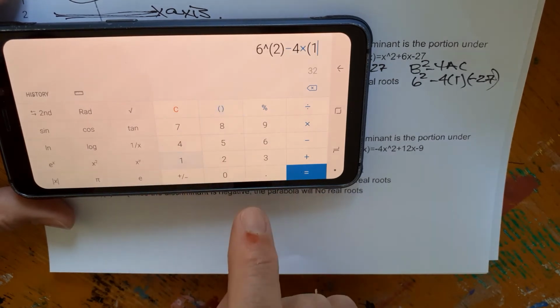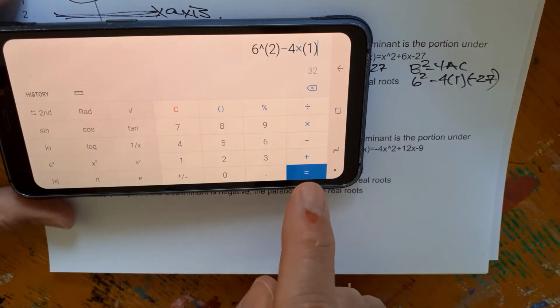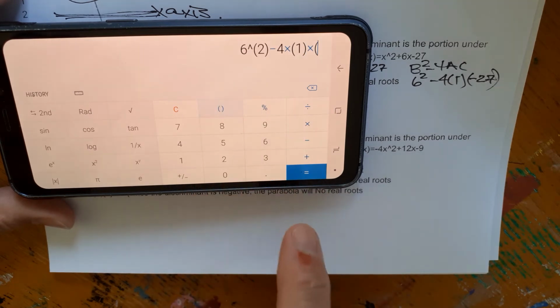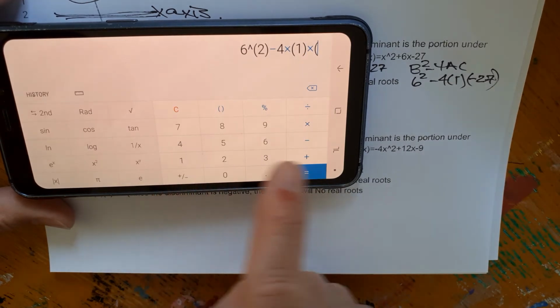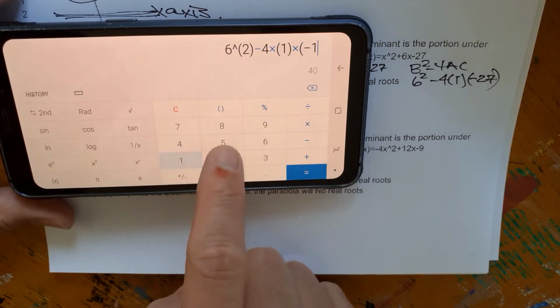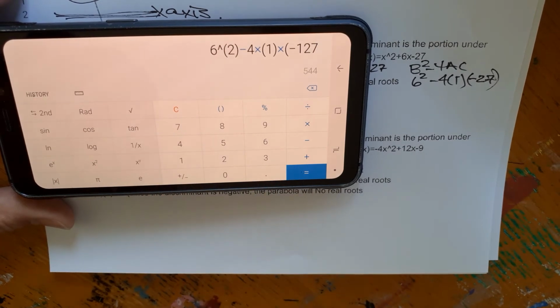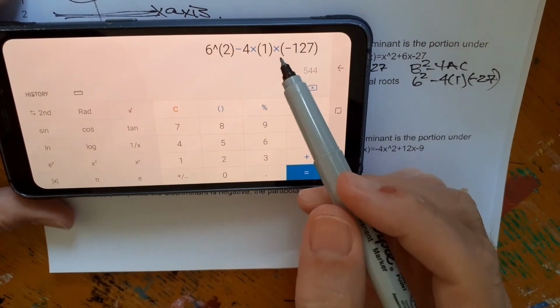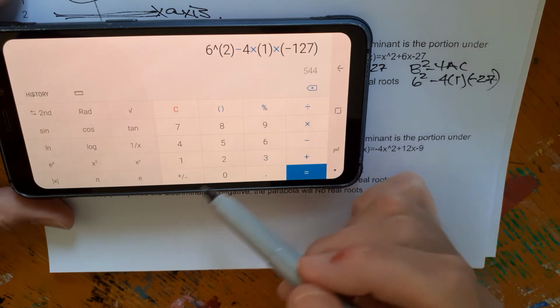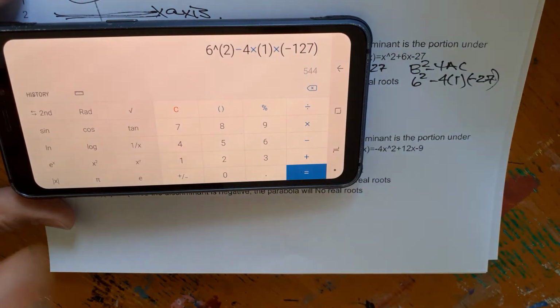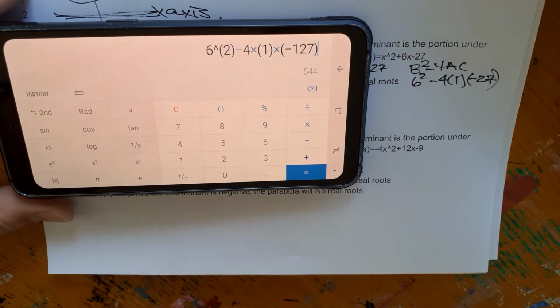It's 1, it's not going to change anything. Times c. I'm going to put this in parentheses because it's a negative. Does a minus work on my calculator for a negative? Some calculators won't let you use a minus key for a negative. This one apparently does.